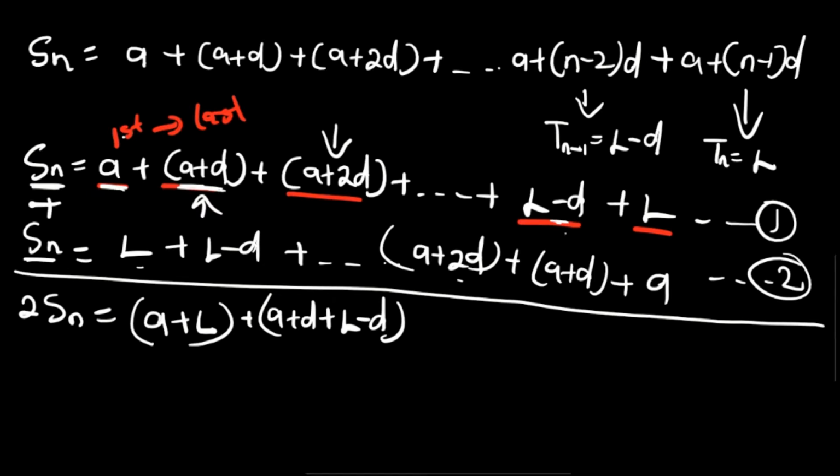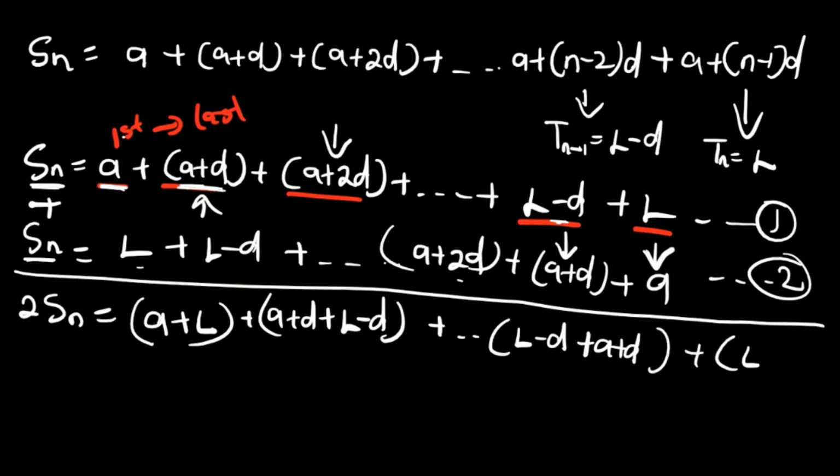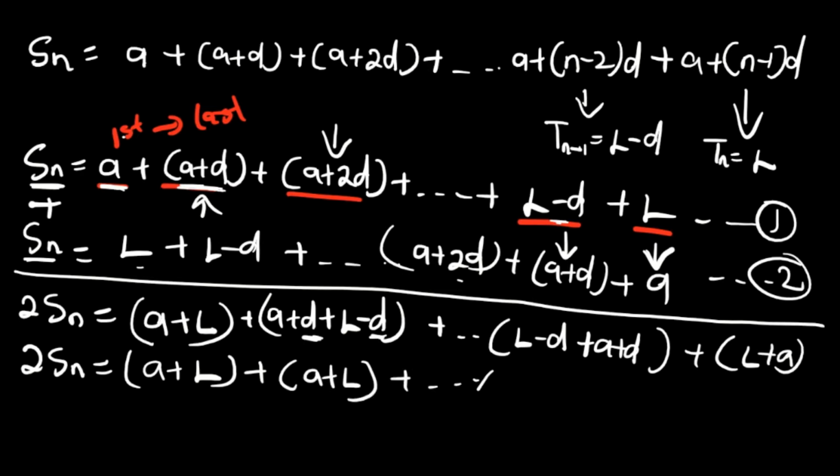And then we add this one with this one here, plus L minus d plus a plus d, and then we add plus L plus a. So let's write it properly. 2Sn is equal to a plus L in brackets plus, the d will cancel out, you'll remain with a plus L plus, and even here the d will cancel out, you'll remain with L plus a, plus L plus a.